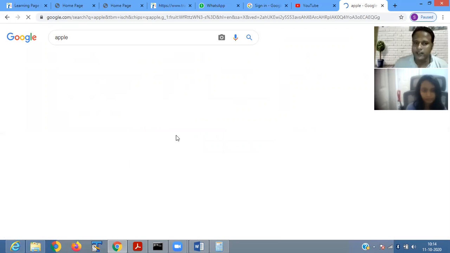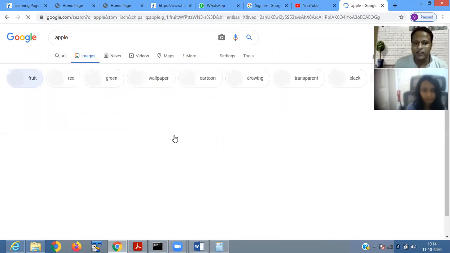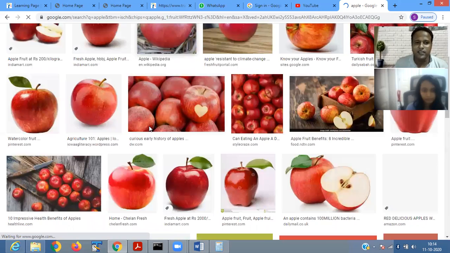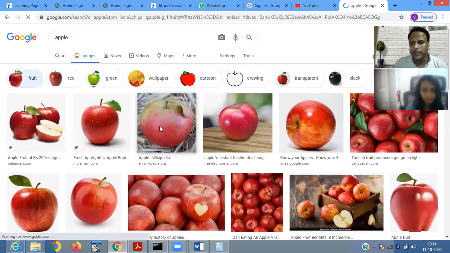So we have written apple in a word. Here we have represented apple in a diagram. So when it is diagrammatically defined, then it gives you a better way to understand anything. Clear?